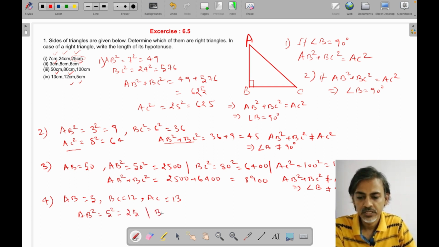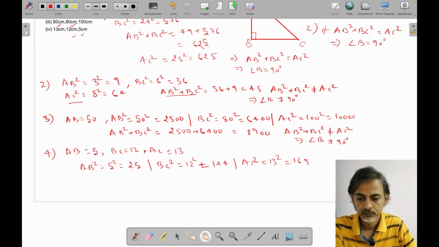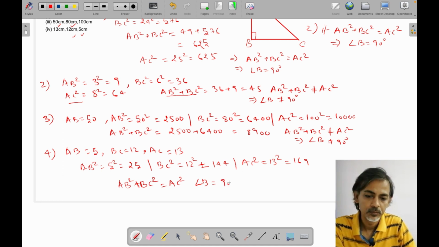We'll get BC square equals 12 square, which is nothing but 144, and then we'll get AC square, which is 13 square, which is nothing but 169. So we'll get AB square plus BC square equals AC square. This implies angle B is 90 degree.